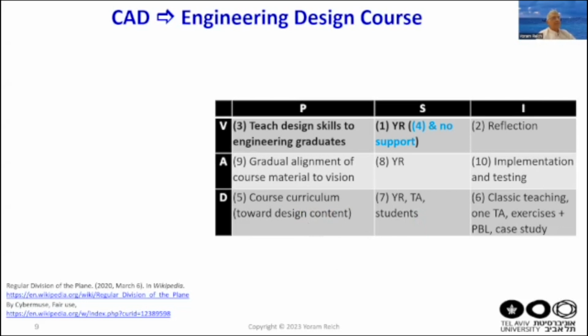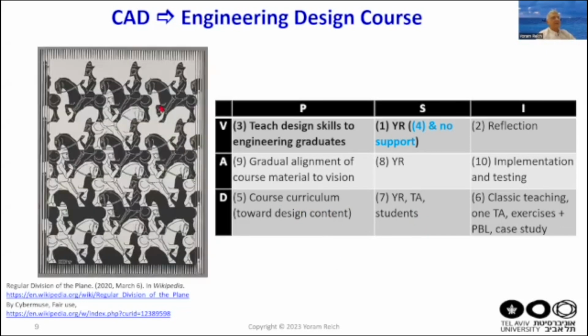So it started as a CAD course, these horsemen black going left, and it ended up as an engineering design course, these horsemen white turning to the right, basically. Nobody noticed on the way. Finally, when I got to this place, I just modified the name of the course and everybody didn't care much.